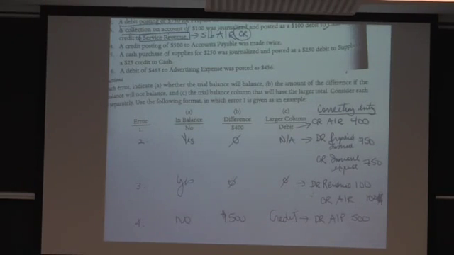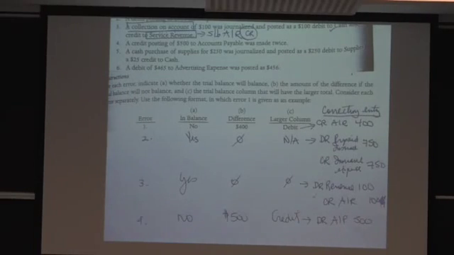Okay? Number 5, a cash purchase of supplies for $250 was journalized and posted as a $250 debit to supplies and a $25 credit to cash. A cash purchase of supplies, so they should have credited cash $250, and debit supplies $250.